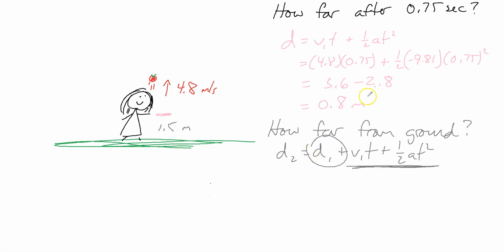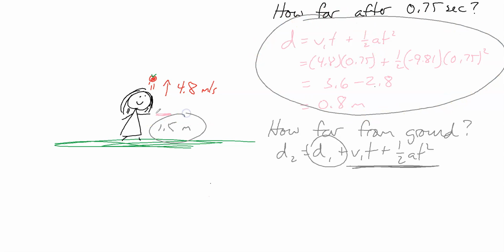Some people will just do this entire calculation like we just did, and then add the 1.5 afterwards, and you'd still end up with 2.3 meters. It doesn't make any difference how you do it. People see things differently. It doesn't matter, but it's still going to work out pretty nicely.